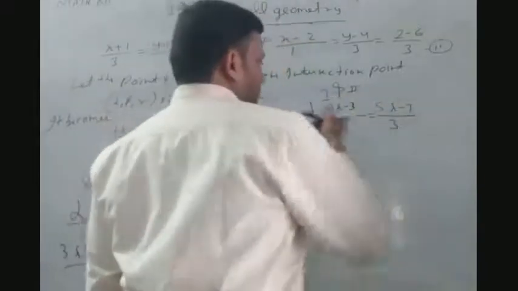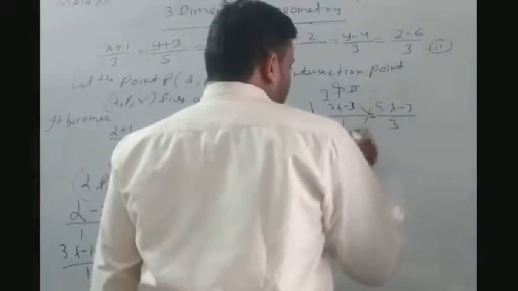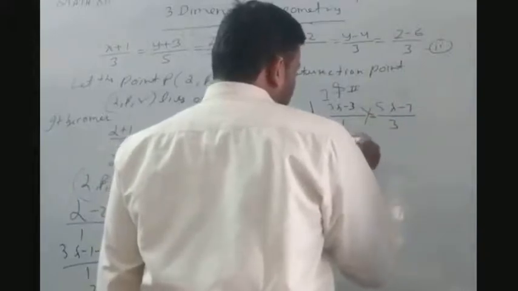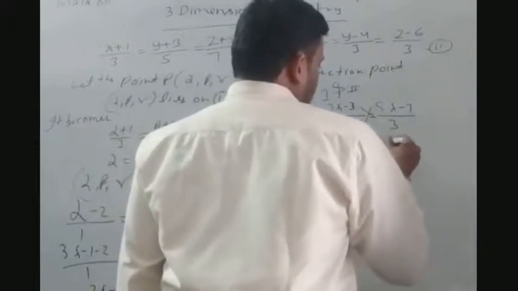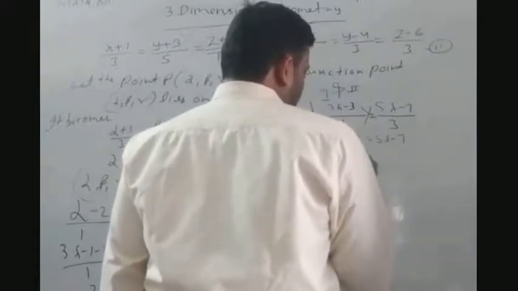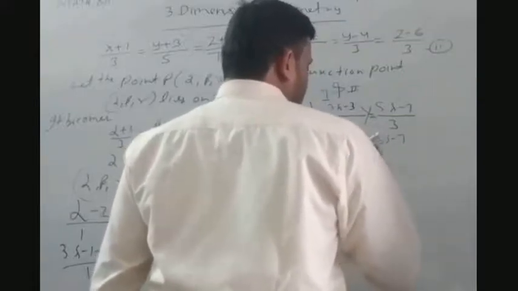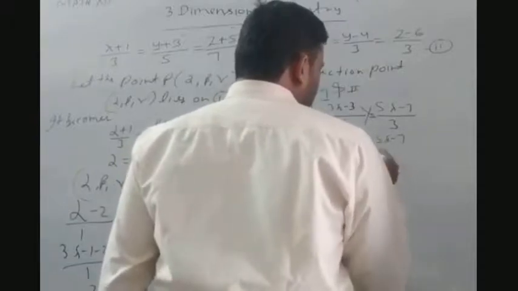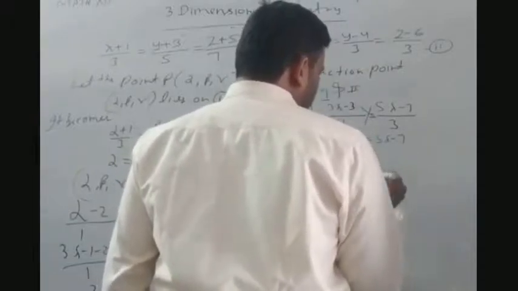Multiplying, we get 9 lambda minus 9 is 5 lambda minus 7. 9 minus 5, 4 lambda is equal to 9 minus 7, which is 2. So lambda is 1 by 2.